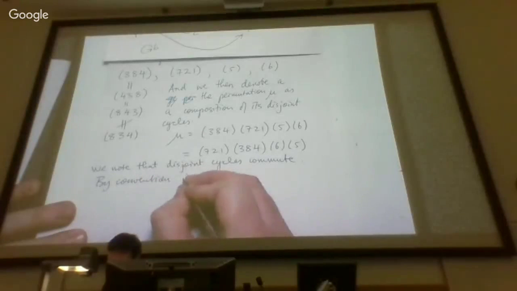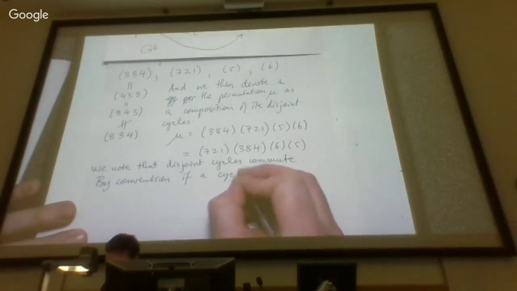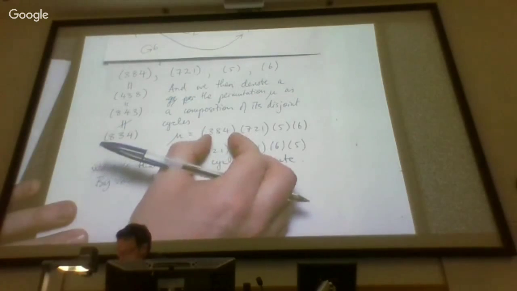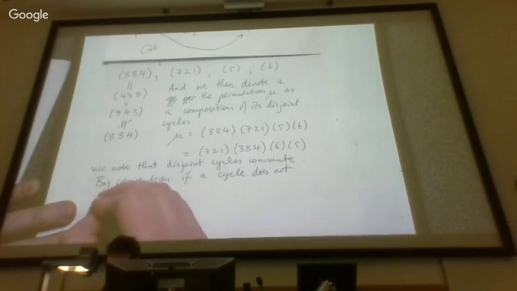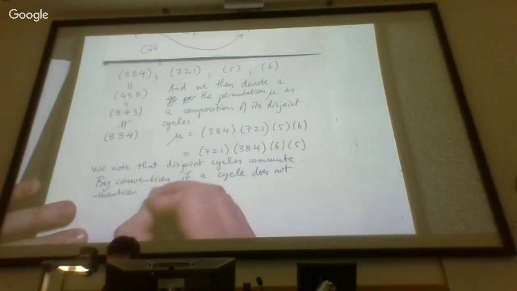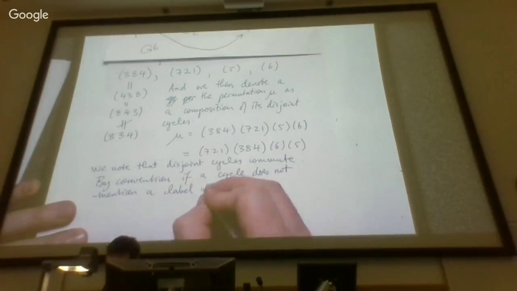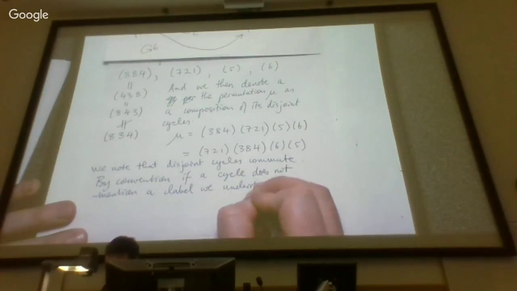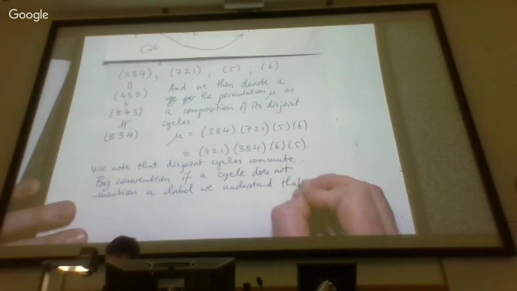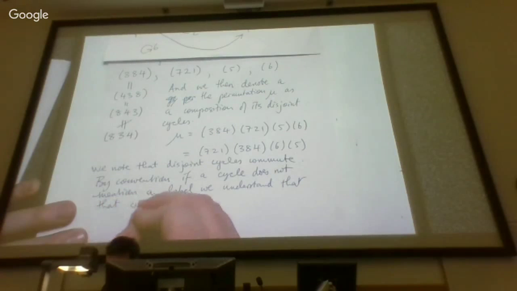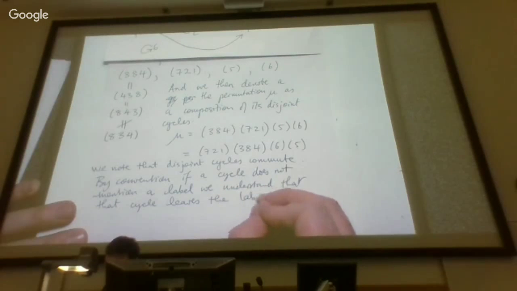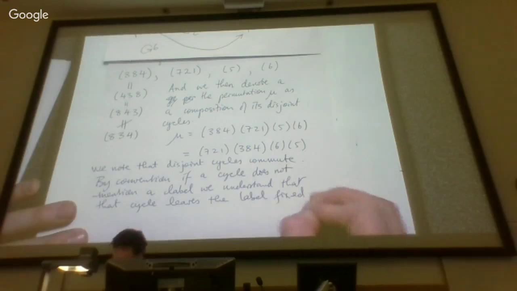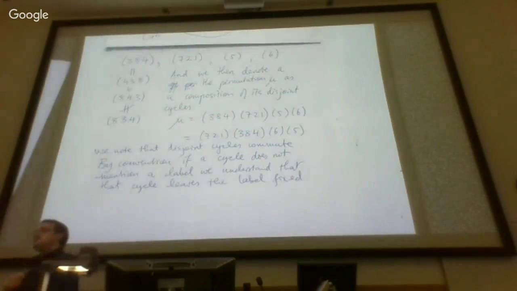By convention, if a cycle, so these individual things are cycles, if a cycle does not mention a label, we understand that that cycle leaves the label fixed. It doesn't do anything to that label. And what that allows us to do is to drop the cycles of length 1.